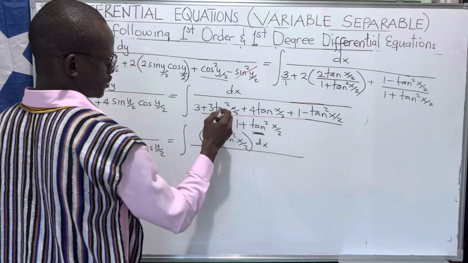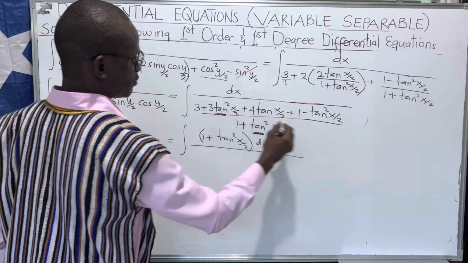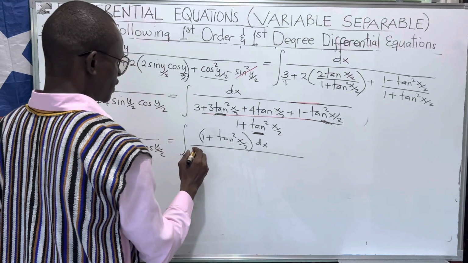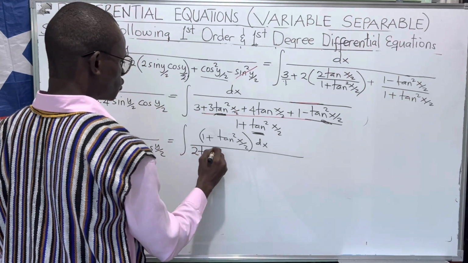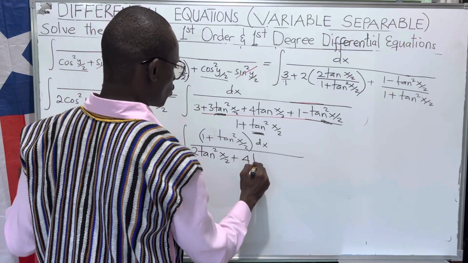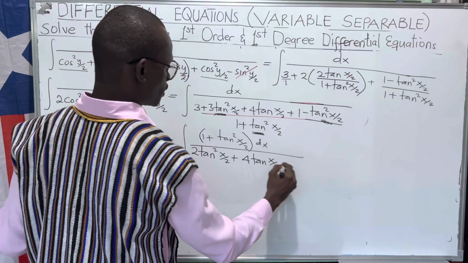Now, we take the square one first, so it's like this and this, so it's 3 minus 1. So it's just like 2 tangent square x over 2. And then we come to this one, plus 4 tangent x over 2. And then 3 plus 1 is 4.